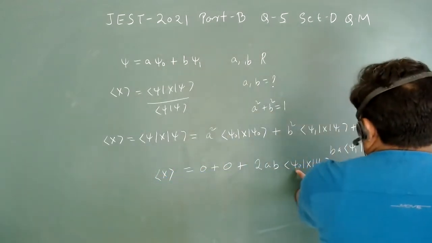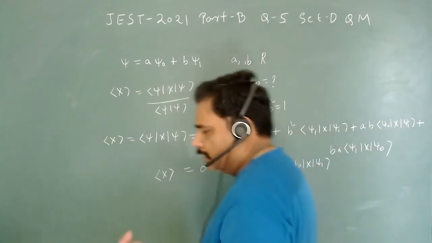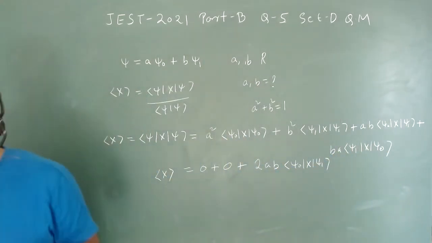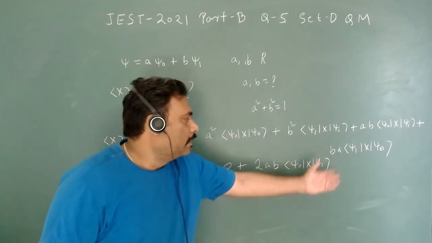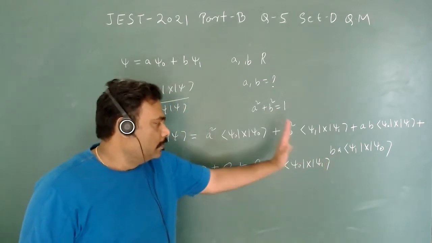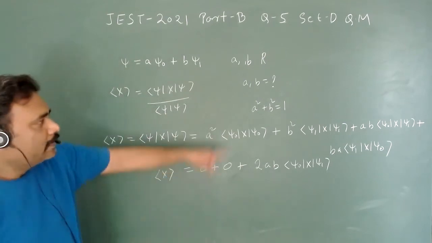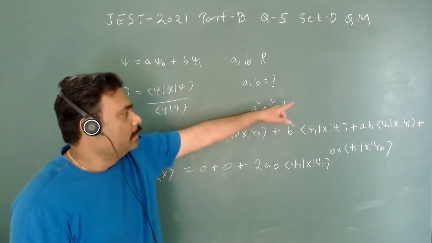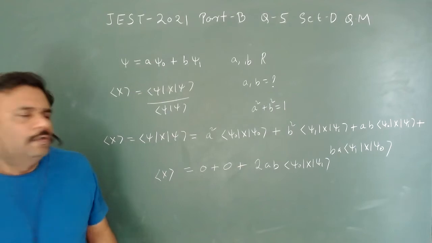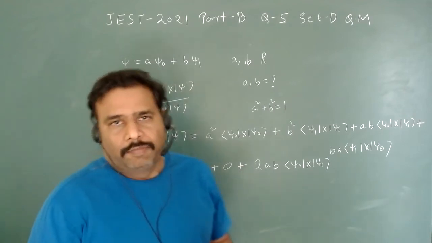This is our expectation value of X, just an average value, a number in terms of the dimension of position. We have to work on this particular number. And yes, we have the constraint A square plus B square equal to 1. So we can also solve it with the sum identity.